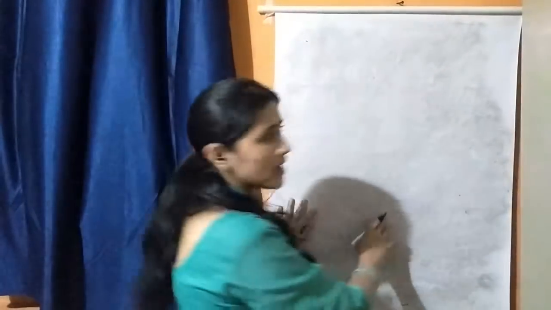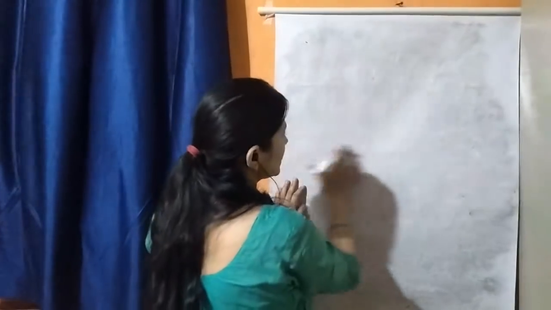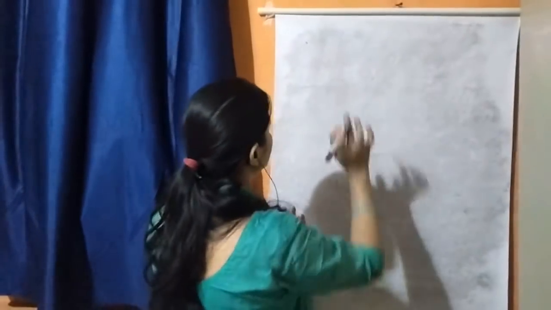Now let's start the comparison. Here I will write the numbers, then I will show you ascending order and then descending order.